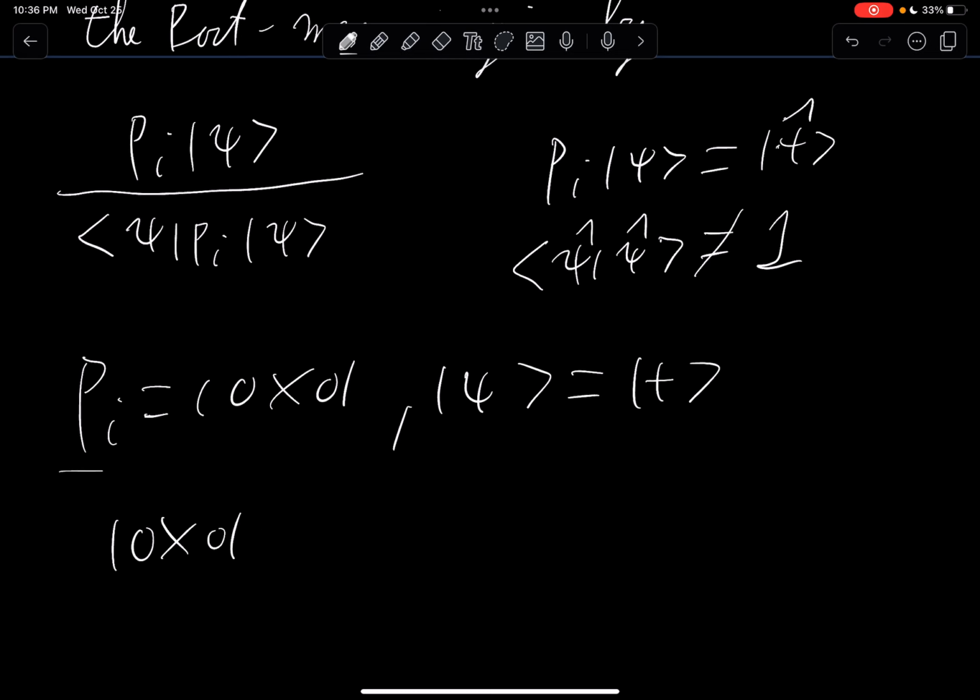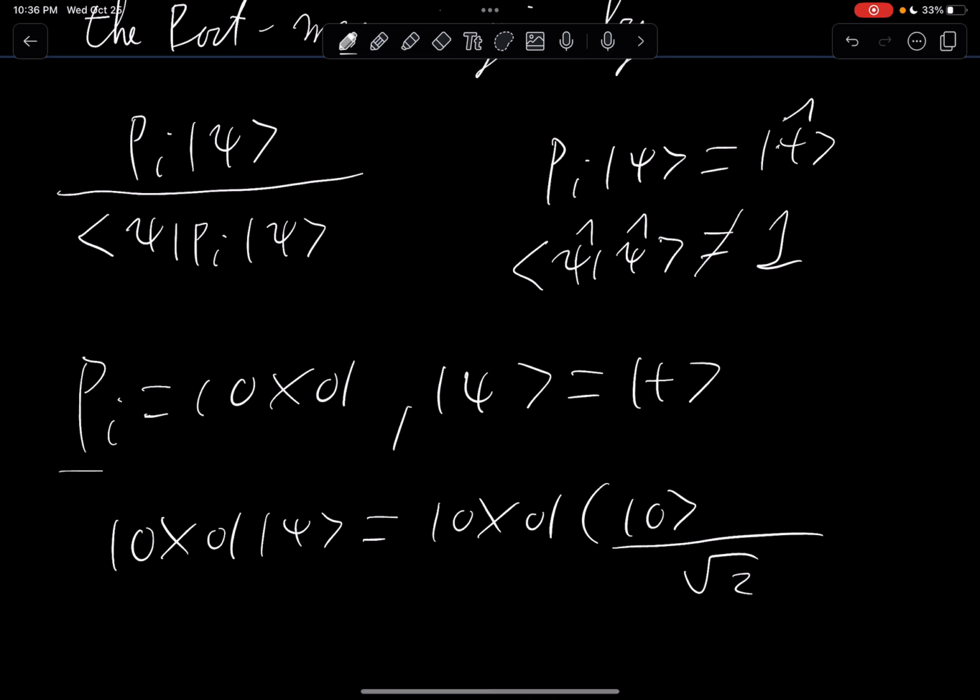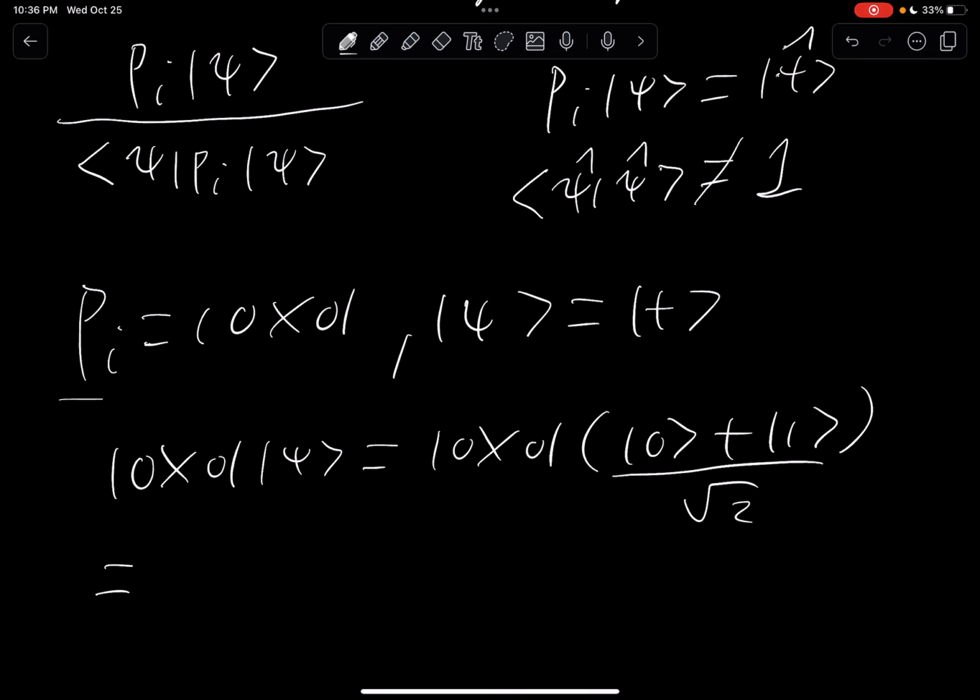So we apply this now to psi. Well, when we write this out, remember the plus state was 0 plus 1. Now you can also see the power of the Dirac notation. I don't have to write out the vector. I can just use the tricks that we know from the Dirac notation. So we apply 0 to here. Well, then we have bra 0, ket 0, right? So we just have this.